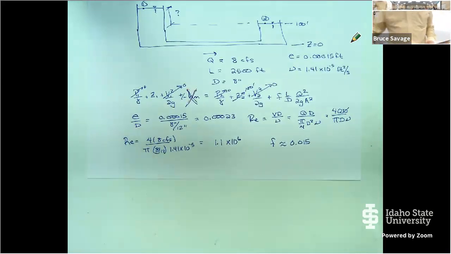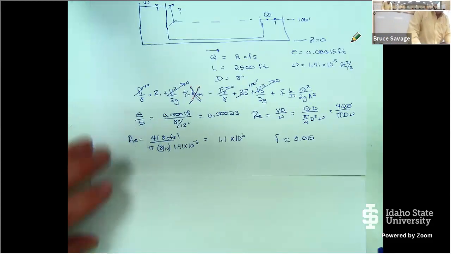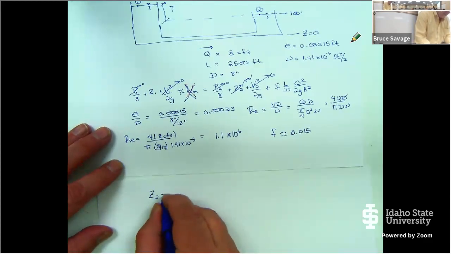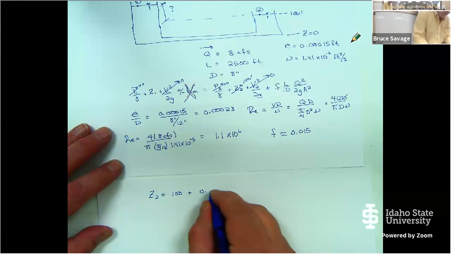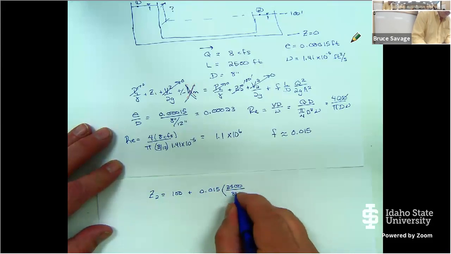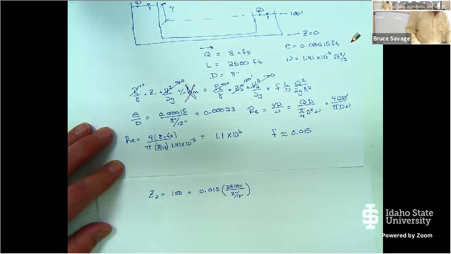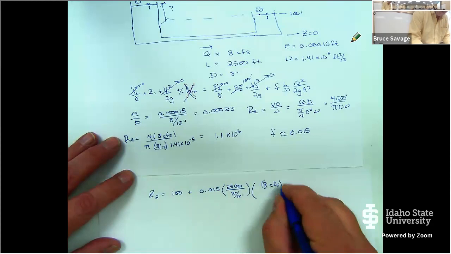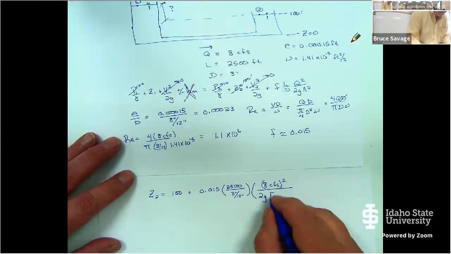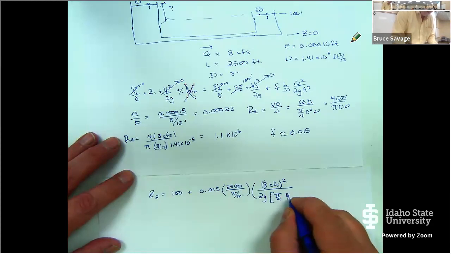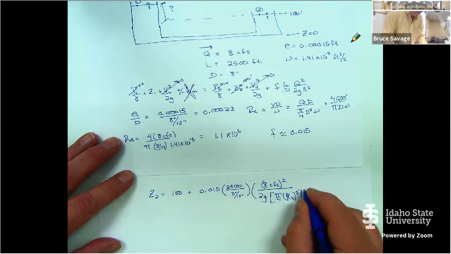So now, essentially what I'm saying is that Z sub 2 is equal to 100 plus F, which is 0.015, times L over D. So here's 2,500 divided by D, which is 8 inches divided by 12, once again converted to the standard unit of feet, times the flow rate, which is 8 CFS squared, divided by 2G, times the area, and the area is pi divided by 4, times D squared, so 8 divided by 12 squared, and the quantity squared.